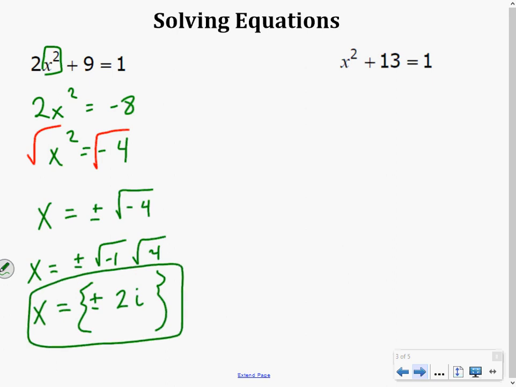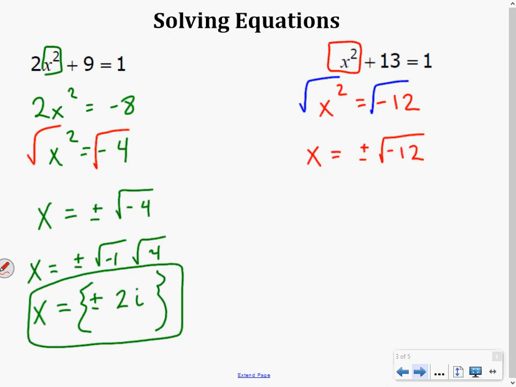Okay, let's look at another one. All right, I'm going to isolate x squared again. I'm going to subtract 13. And then we're going to square root both sides. So we get x is equal to plus or minus the square root of -12.